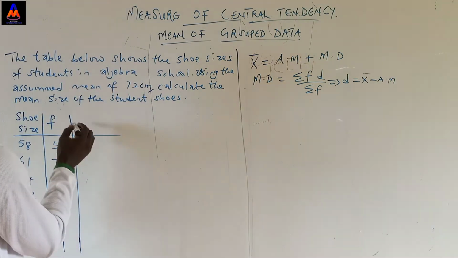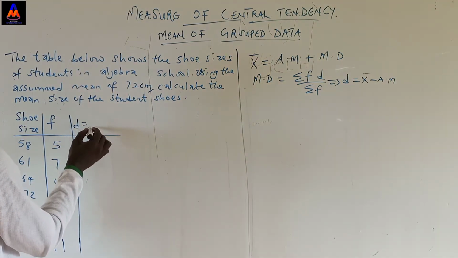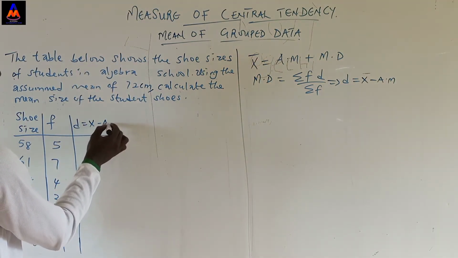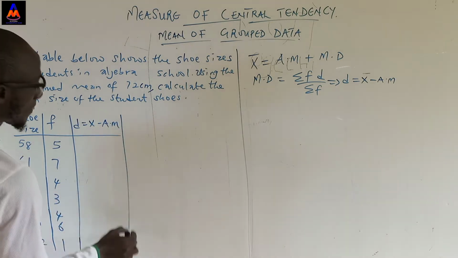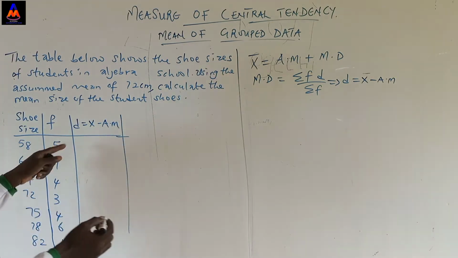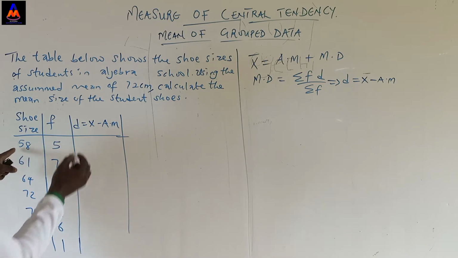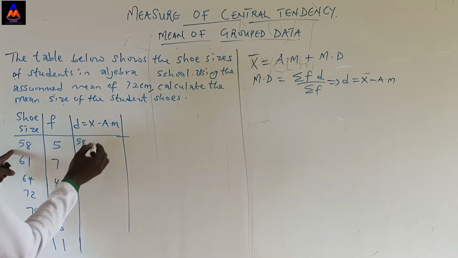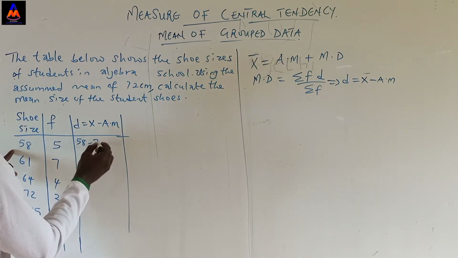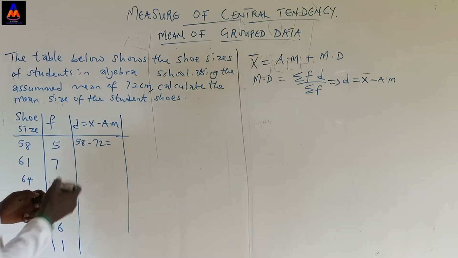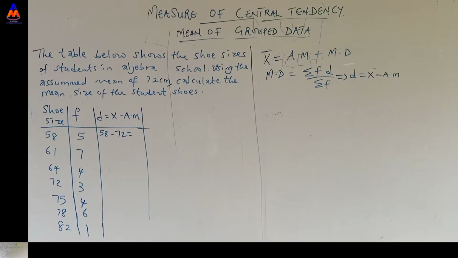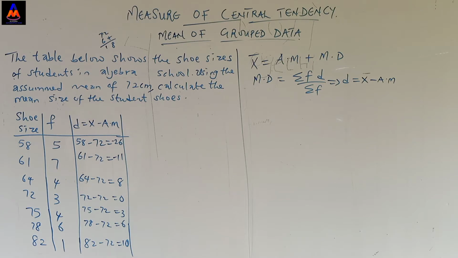So moving on, we get our deviation here, which is X minus the assumed mean. That means we are subtracting 72 from each of the data, starting with 58. I'm going to pause this, then I will conclude it. So we have concluded the subtraction of each of the data from the assumed mean.